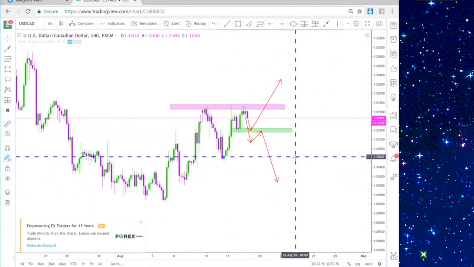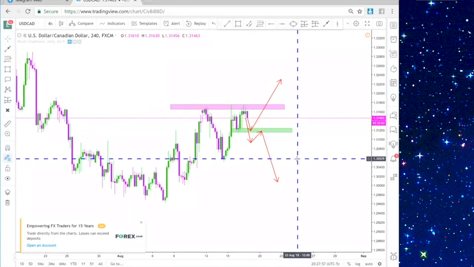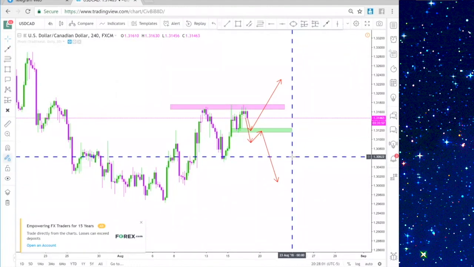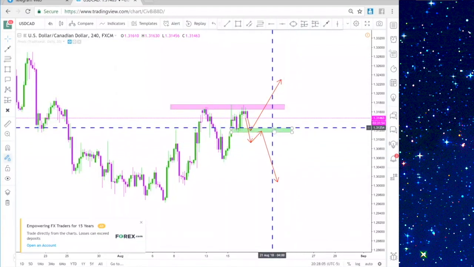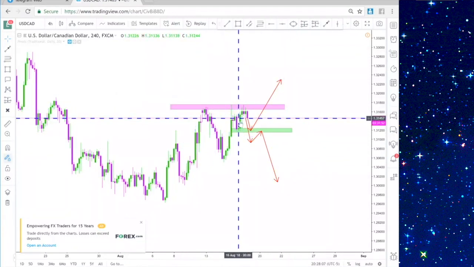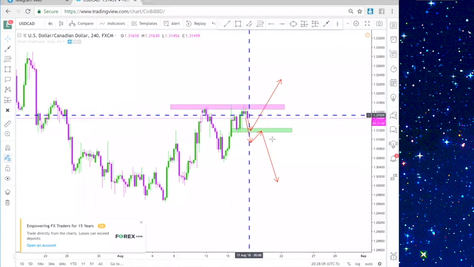So we wait to see. Like right now, if you sold it right now, you could, you're at a resistance, price action and all that good stuff.